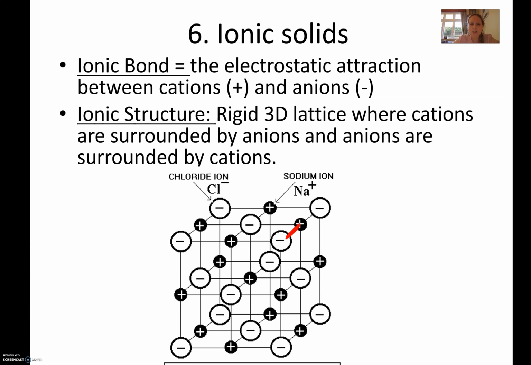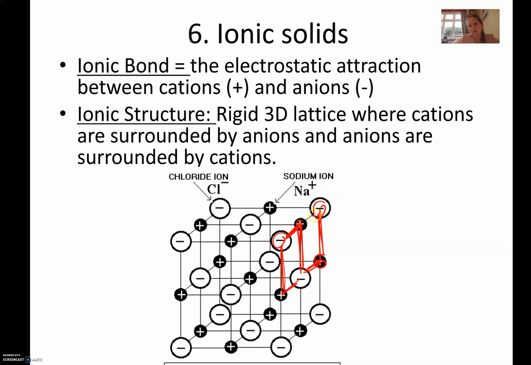And what is the ionic structure? The structure of an ionic substance is what we describe as a rigid three-dimensional lattice, and you can see this diagram's three-dimensional, and I have to use diagrams because I am hopeless at drawing these. So a rigid three-dimensional lattice where cations are surrounded by anions and anions are surrounded by cations.